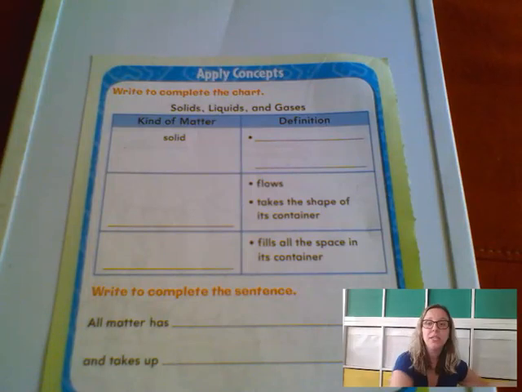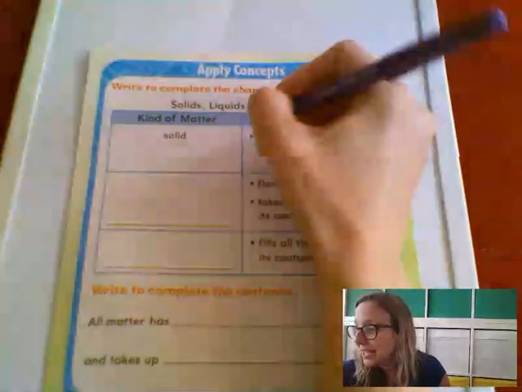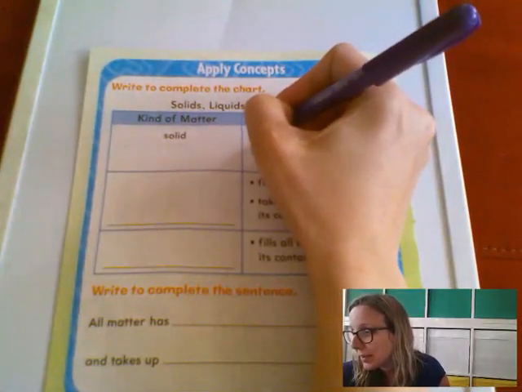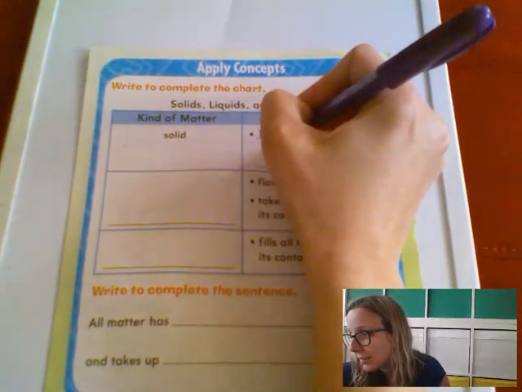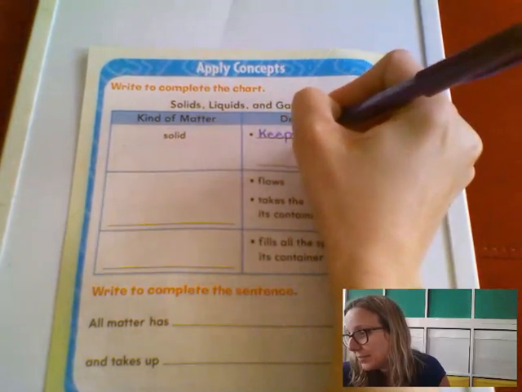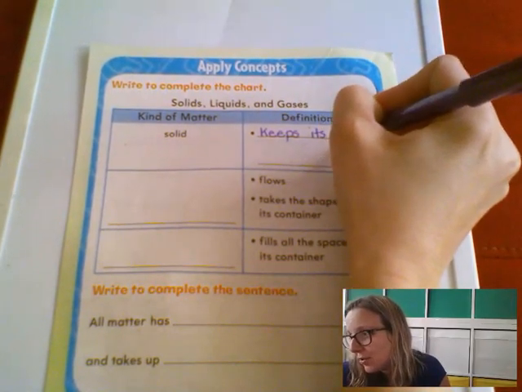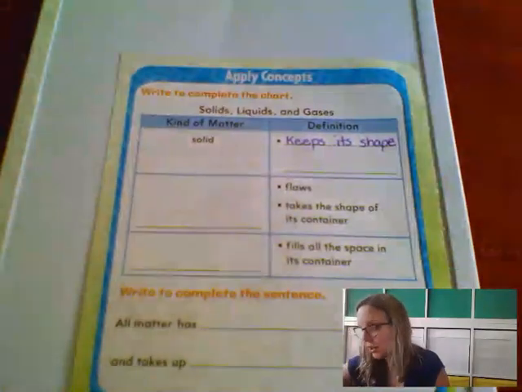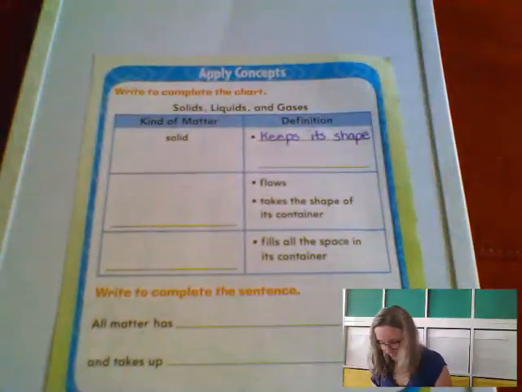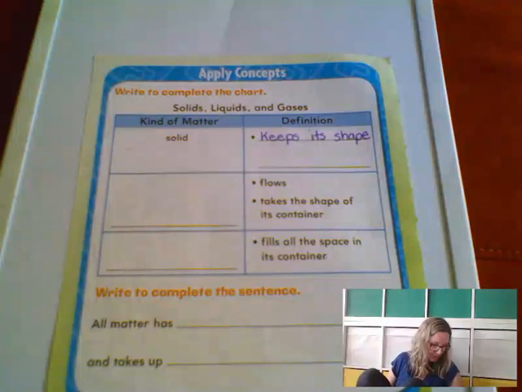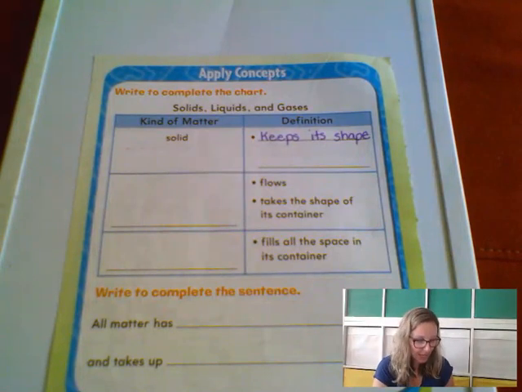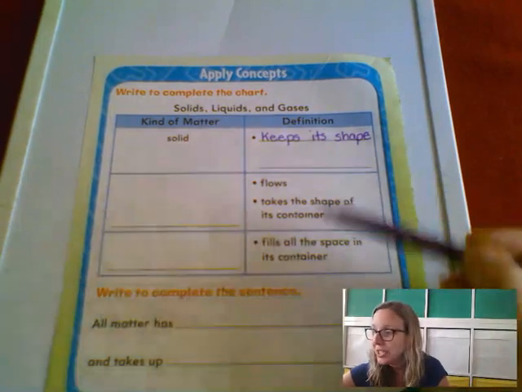Okay, so we can put on here keeps its shape. Okay, and if you need to go on to the next line, you can do that. So take a minute and write that. Keeps its shape.